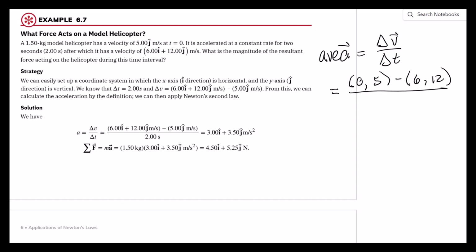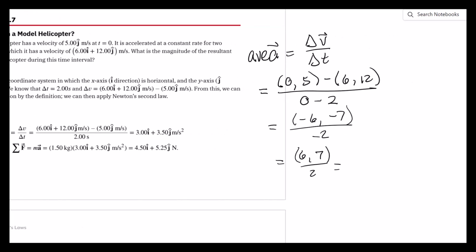I started off at 0 seconds and I went to 2 seconds. And I'm just doing that backwards for no reason. So I have -6 over -7 over 2.